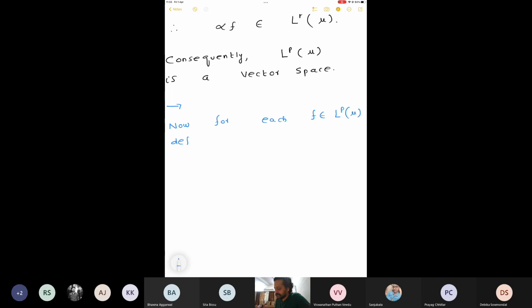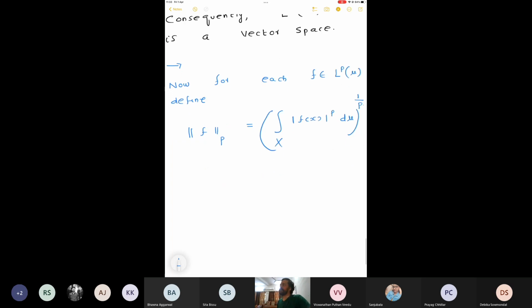Define norm f_p equal to the integral over X of modulus of f(x) the whole power p d mu, the whole power 1 by p. p is a fixed real number. You have already defined L^p(mu), and on L^p(mu) I am defining this quantity.